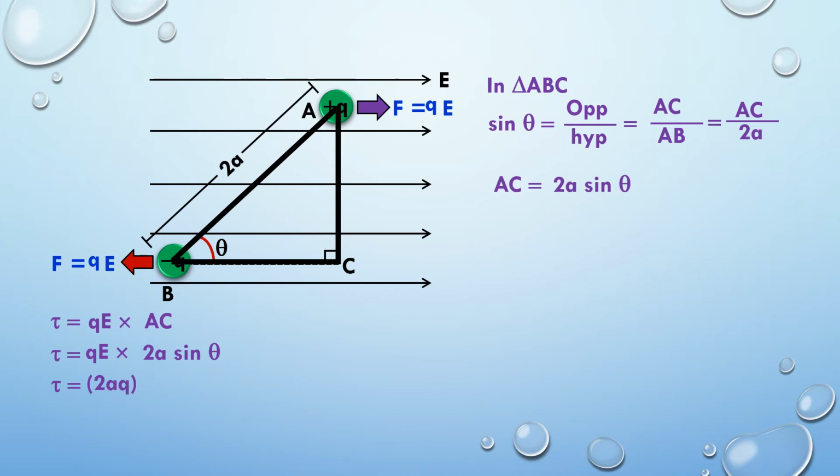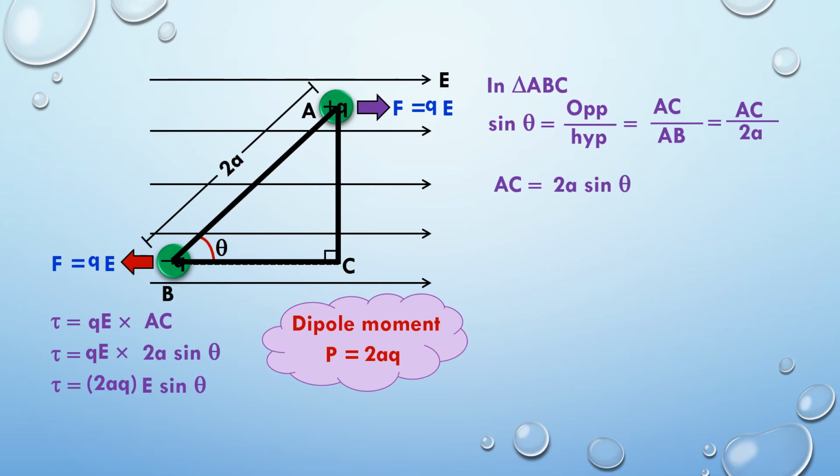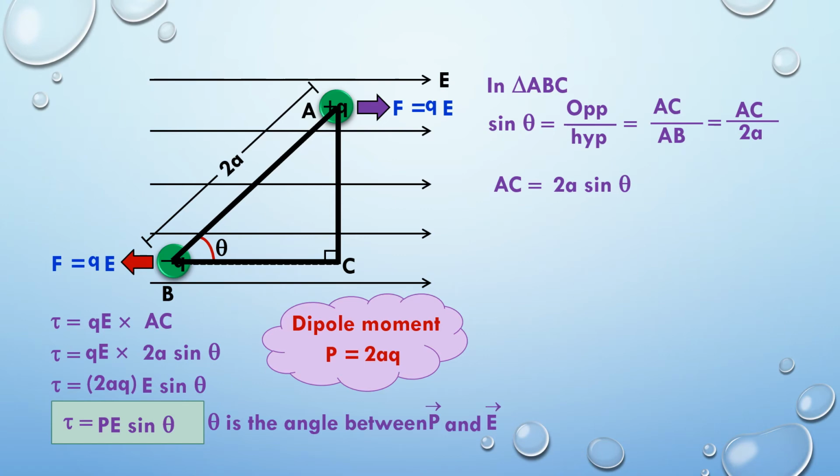What I have done over here is I have taken 2, Q and a, so 2a into Q has been written as one term over here into E sine theta, where we know that dipole moment is given as 2aQ. Therefore, torque is equal to PE sine theta, which gives us an expression for torque acting on a dipole, where theta is the angle between the electric dipole moment and the electric field.